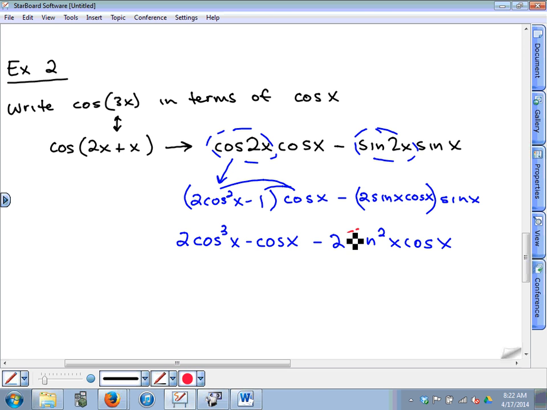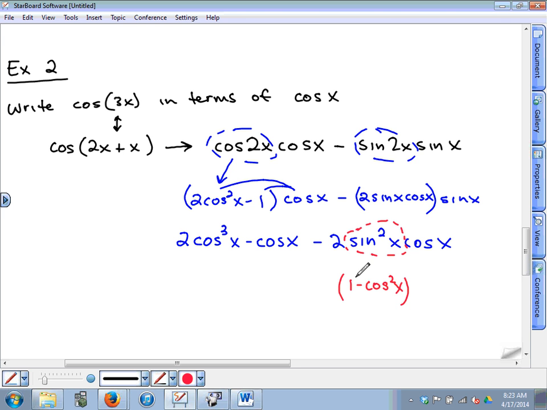Now this might be popping out at you, or hopefully it is. The sine squared of x, that's a problem. We can do something with it. This sine squared of x is 1 minus cosine squared of x. This is the Pythagorean identity.